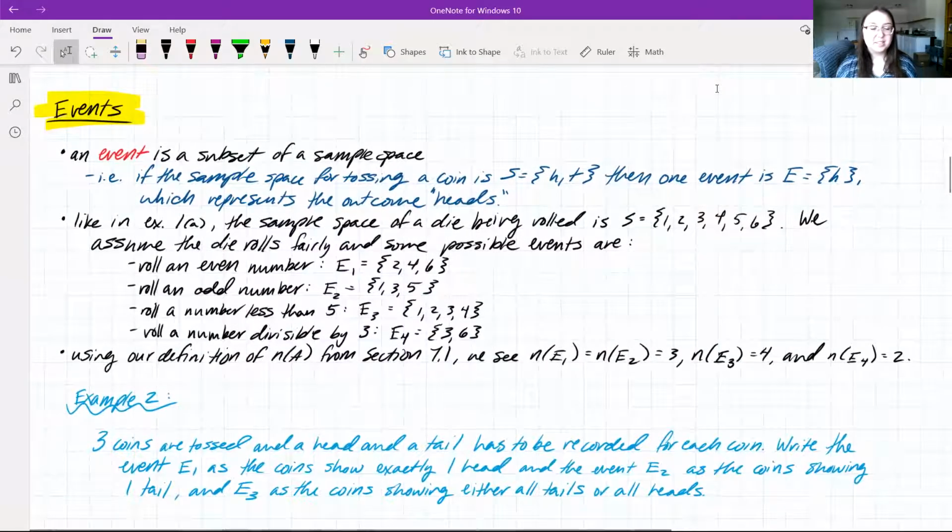All right, moving on to events. So an event is a subset of the sample space. Basically, when we were thinking about sets back in section 7.1 and we discovered subsets, we know that those subsets are just sets within the set. So events are just subsets in the sample space.